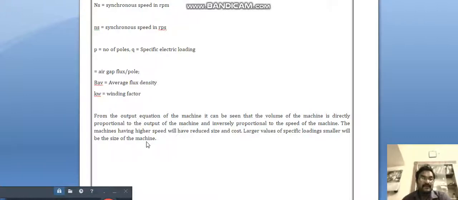When you go for lower values of specific magnetic and electric loading, the size of the machine will be huge. At the same time, the speed will be less with lower specific loadings. If the specific electric loading and magnetic loading are high, then the speed of the machine is also high.